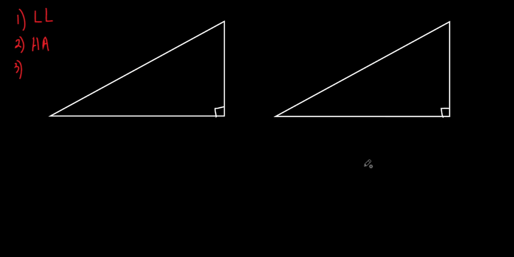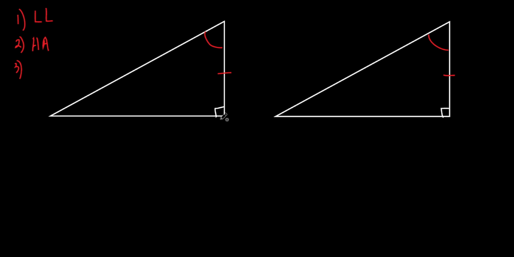All right? But we can have this. We can have a leg. Let's do this. What if I gave you that this angle equals this angle, and this leg equals this leg? Now, do you think those triangles are congruent? Yeah, because of what?